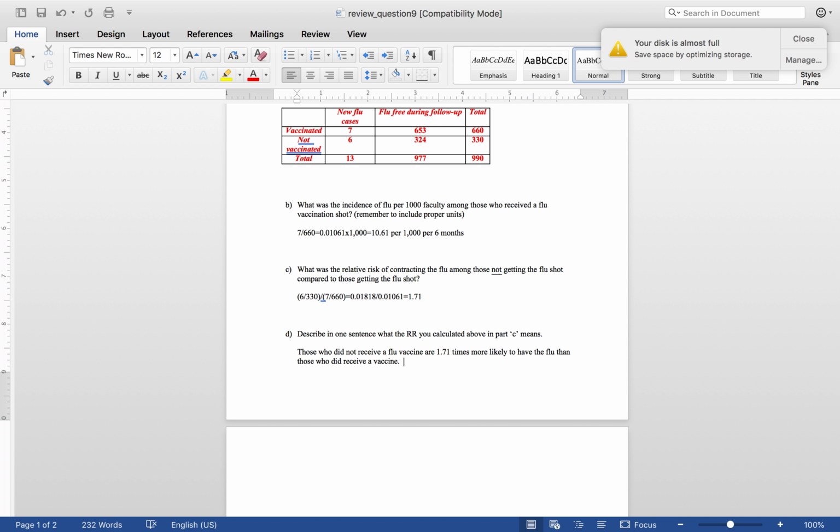Okay? So that is one way that you can say it. You can also say that the risk is 1.7 times more than those who did receive a vaccine. Or we could calculate out that percent change by doing the 1.71 minus the 1 times 100 to give us a 70% increased risk. So that's how you do relative risk.